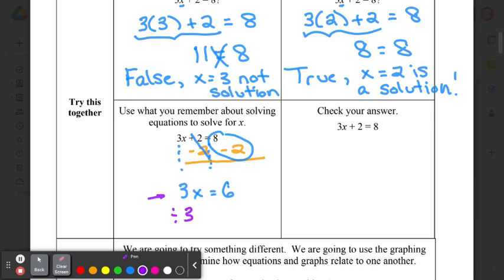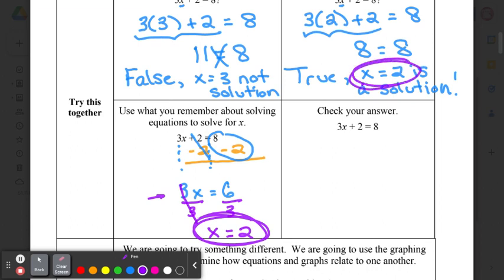Now, I don't like the way that looks. You could write the division symbol like that, but usually I write it like that. A fraction bar means divide. So those cancel out. 3 divided by 3 is a 1. 1x equals 2. And look, we used algebra to find x equals 2. And up above, we had already checked it.